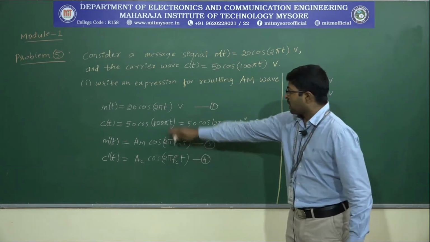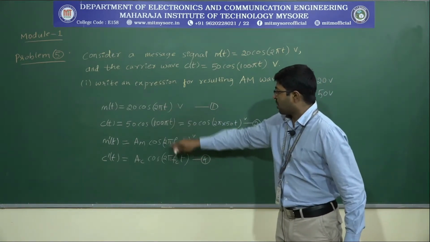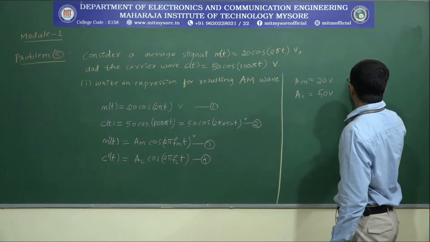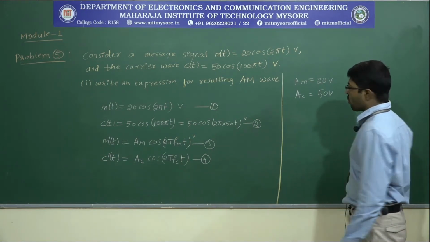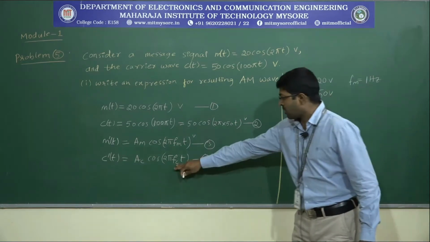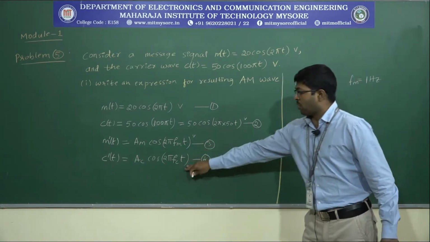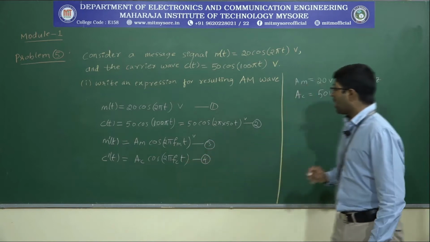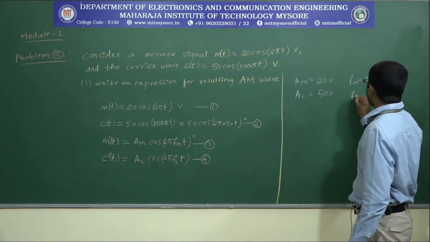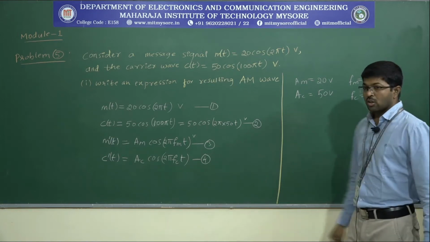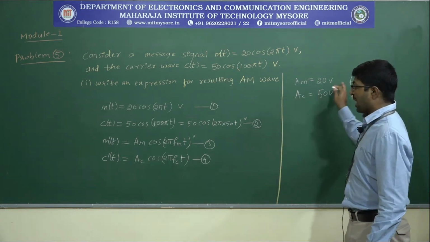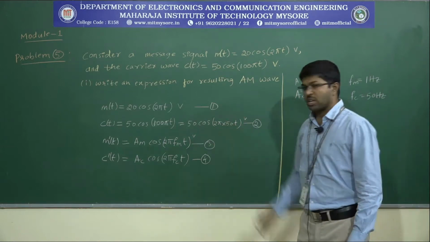What about fm? If you compare, fm will be 1 hertz. The message signal has a frequency of 1 hertz. What about the carrier? If you compare the frequency, fc, you are going to get 50 hertz. So these are the parameters we get from the equations.